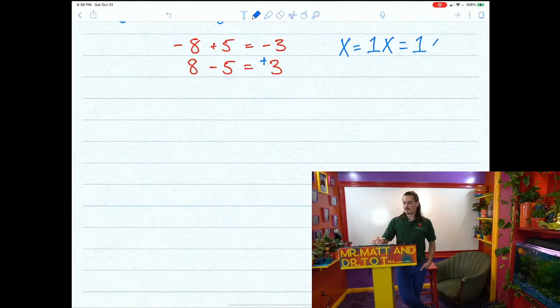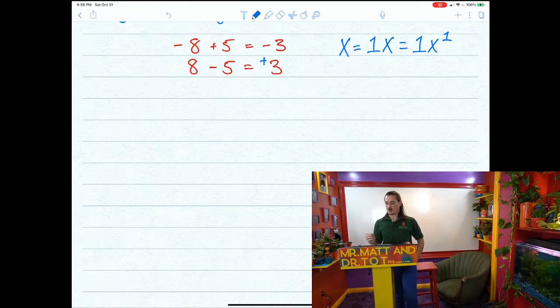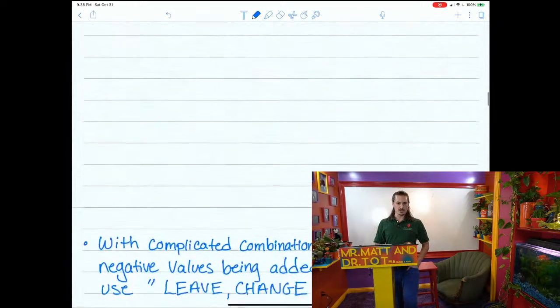Secondly, if we have a complex double negative problem, and let me move this up a little bit. With complicated combinations of positive and or negative values being added or subtracted, you can always use a very practical tool: leave, change, change.